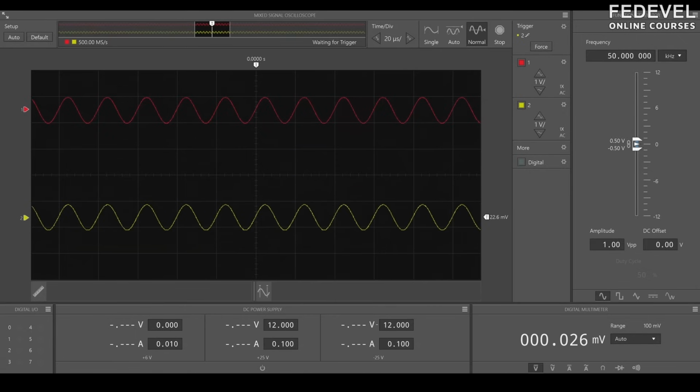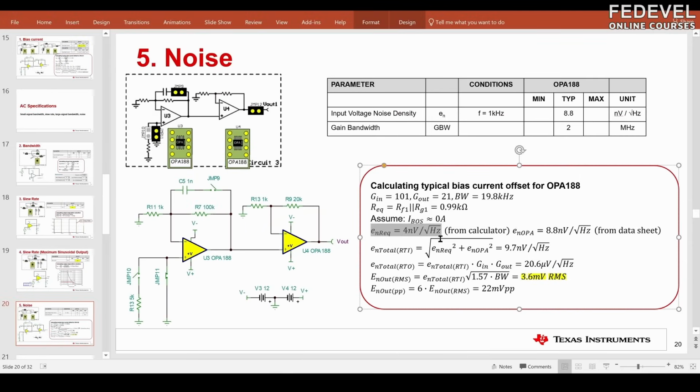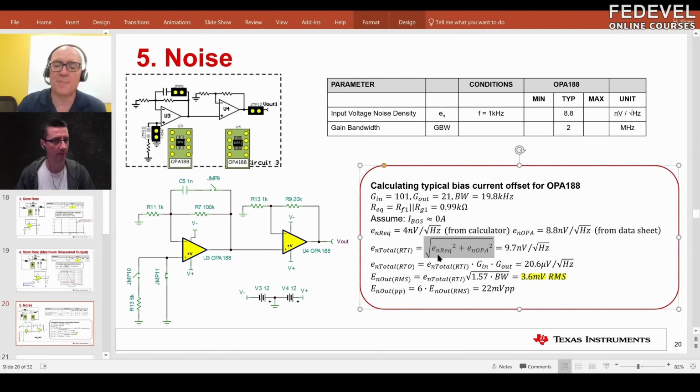That's where this number comes from. It comes from the calculator. And then the op amp data sheet provides the number for the op amp. To combine those two, you add them as the square root sum of the squares. We call that RMS summation, used for adding uncorrelated noises.